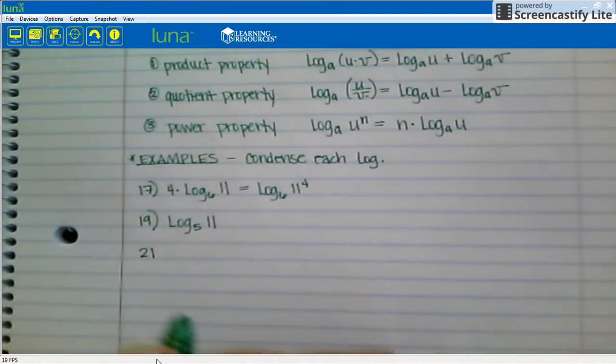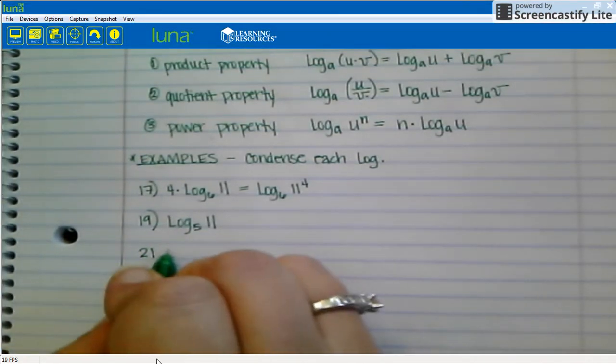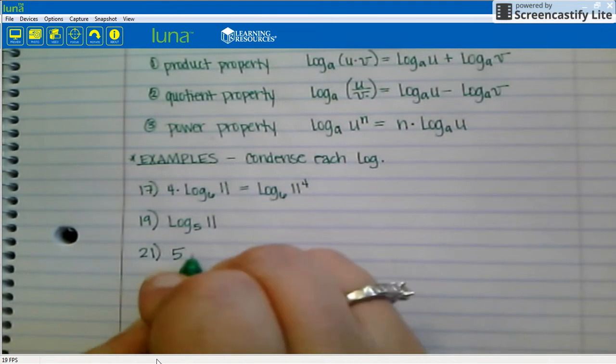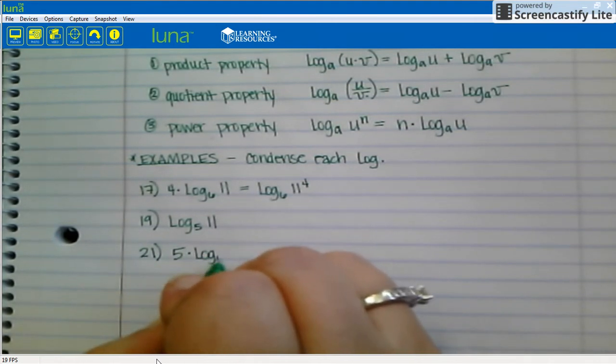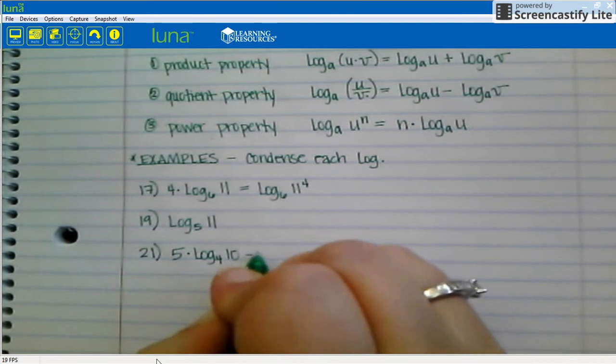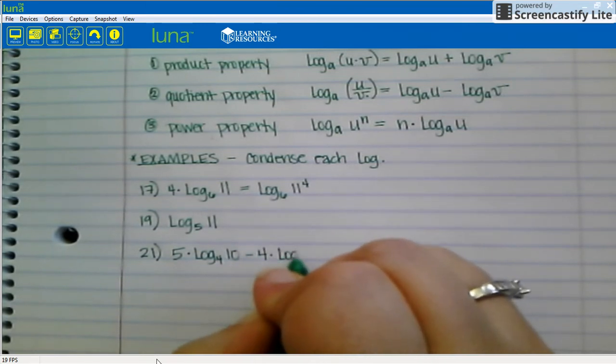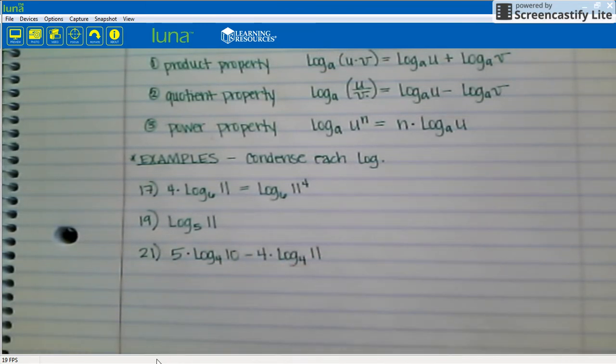For 21, we have 5 times log base 4 of 10 minus 4 times log base 4 of 11. So the first thing I'm going to do is rewrite each part of this expression using the power property.